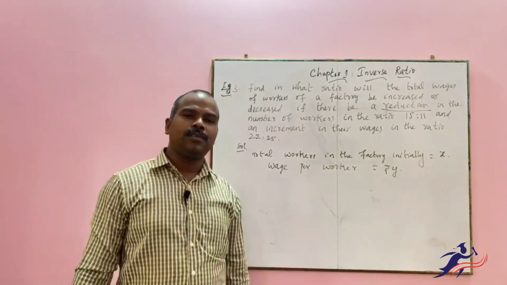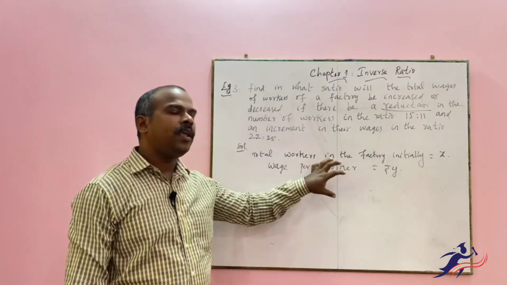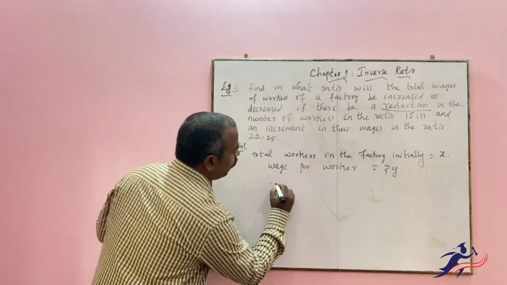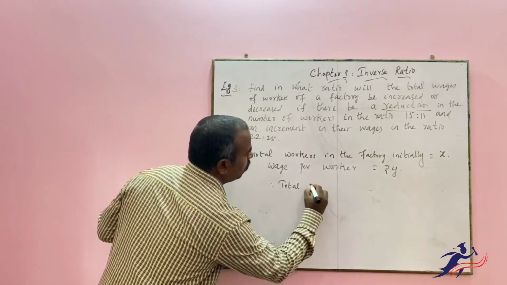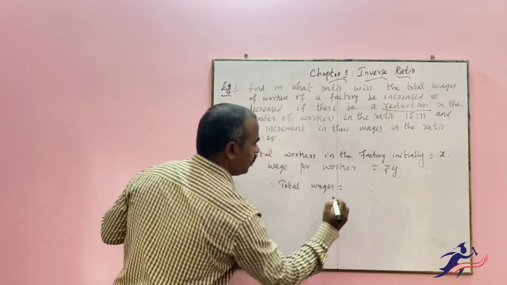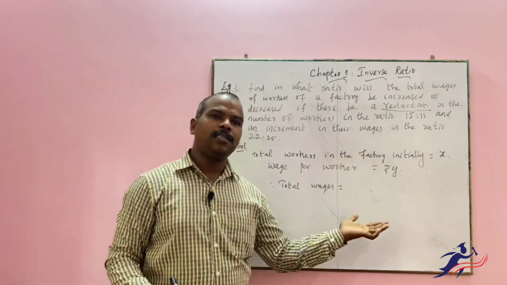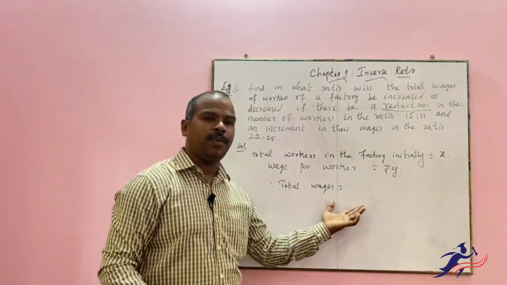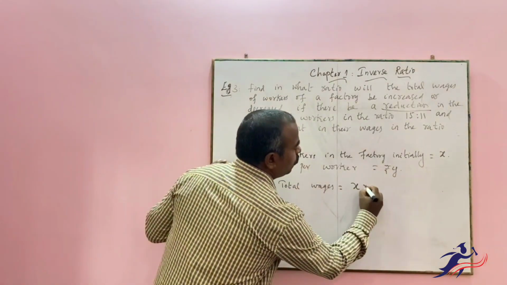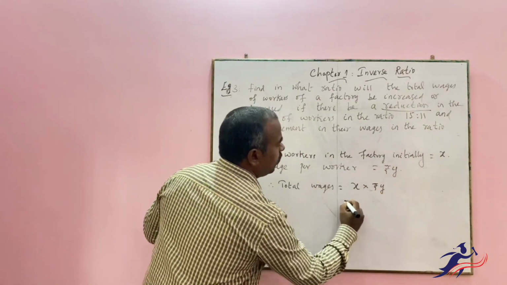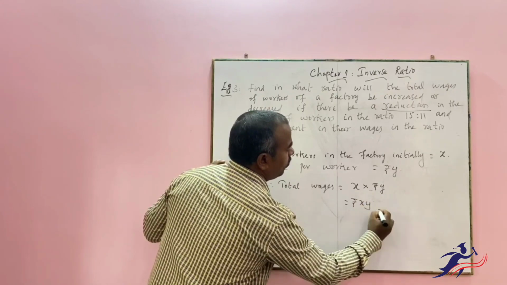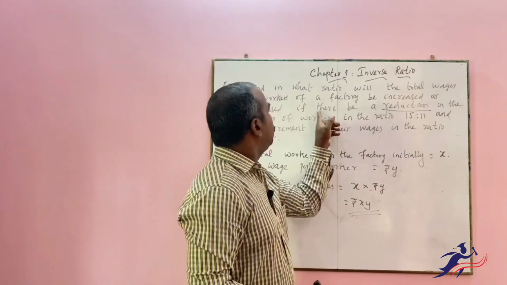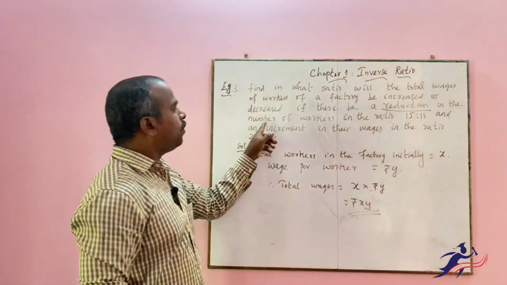Now we can find out the total wages of the workers. Therefore, total wage is equal to the number of workers in the factory multiplied with the wage of a person, we get total wage. That is X into rupees Y, that is equal to rupees XY. Now it is clearly given there is a reduction in the number of workers.